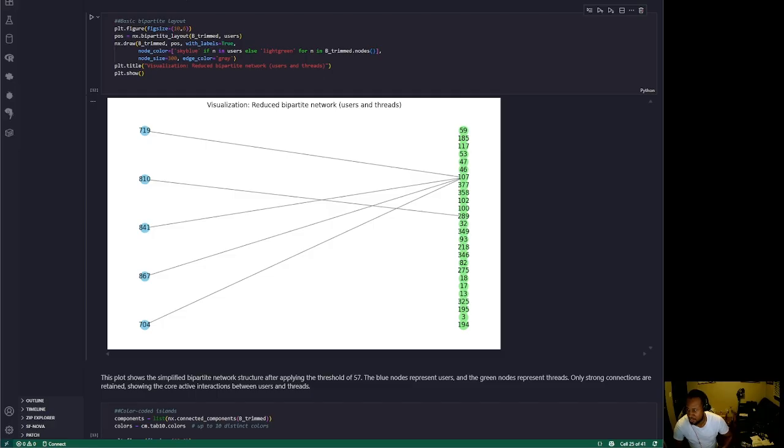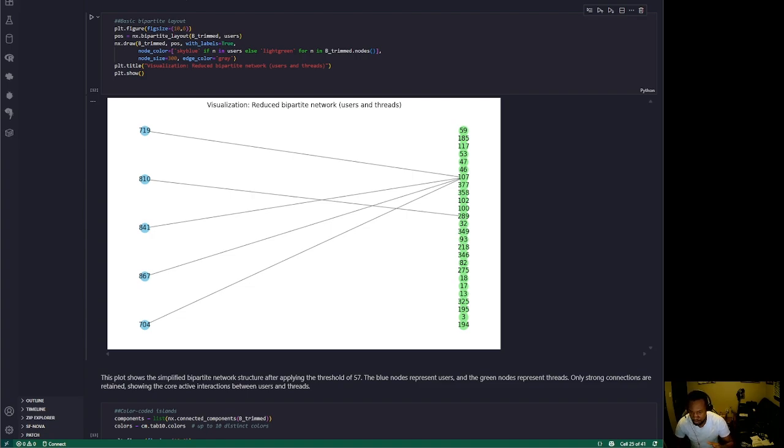So, visualization for the reduced bipartite network. In this section, I am visualizing the reduced bipartite network after trimming the dataset to only include the most significant users and threads.